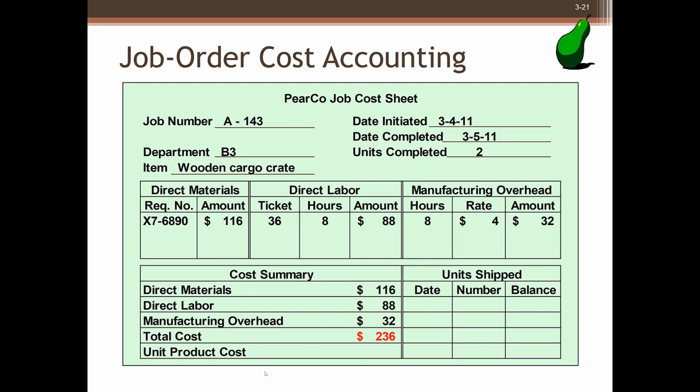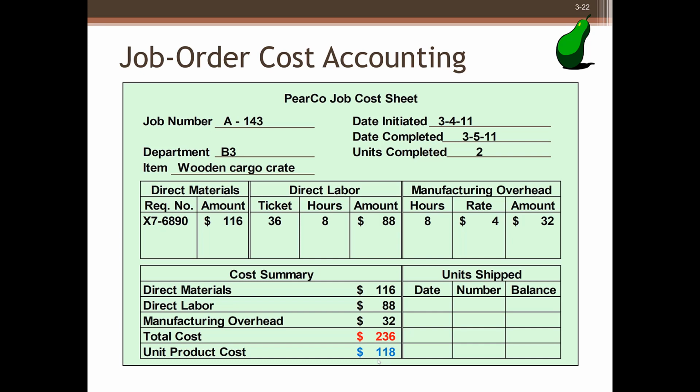From the cost summary section, we add up 3 costs: direct materials, direct labor, and manufacturing overhead. And then we can calculate the total cost for this job is $236 divided by 2 units. And we can calculate unit product cost, 118.